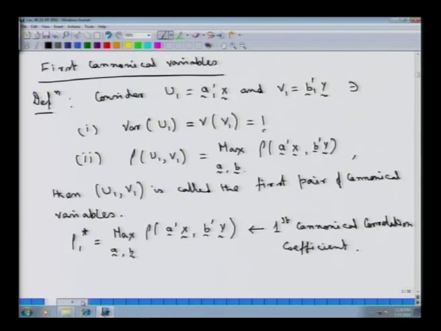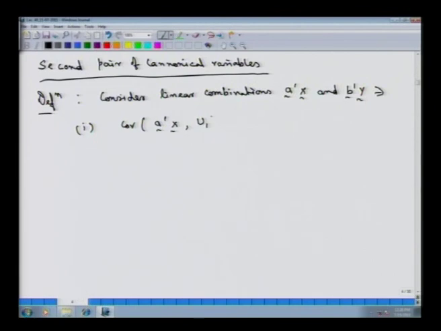So, this is the u1. So, u1 is the first canonical variable. So, the covariance between a' x and u1 is equal to 0, equal to the covariance between b' y and v1. I am just writing covariance, because if covariance is equal to 0, then correlation also is equal to 0. So, we will have these linear combinations a' x uncorrelated with u1, b' y uncorrelated with v1.